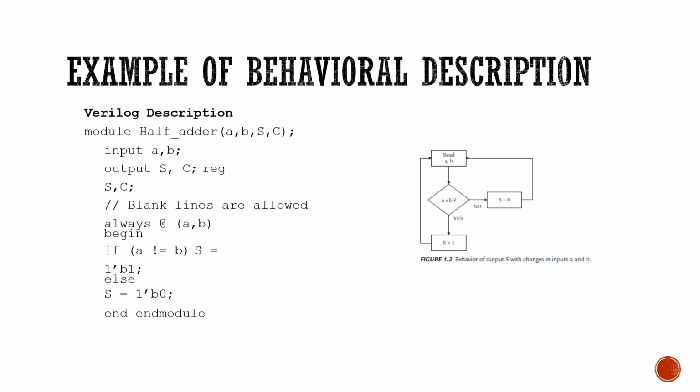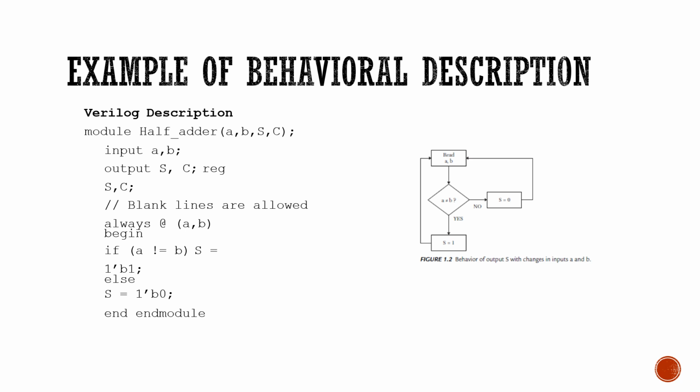As I have told, this behavioral description consists of the keyword always. Here I have written always at A comma B, which means whenever A or B changes, the block is going to execute.